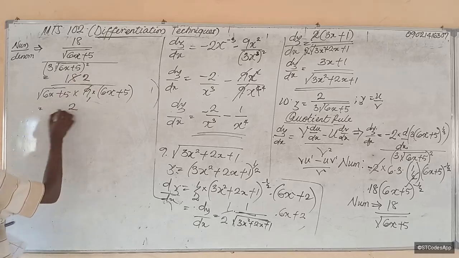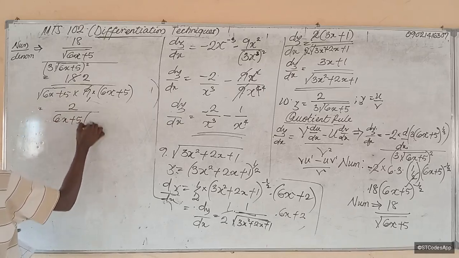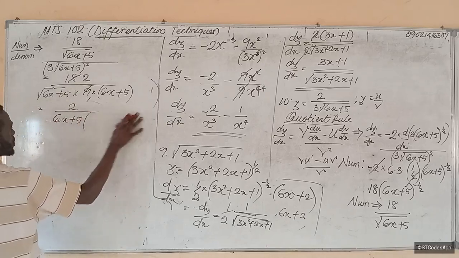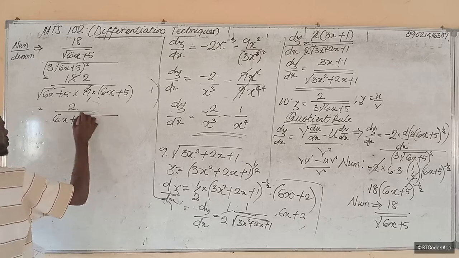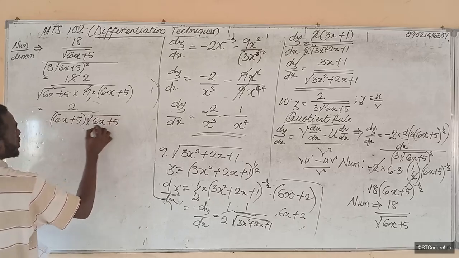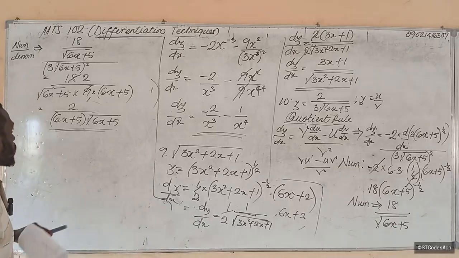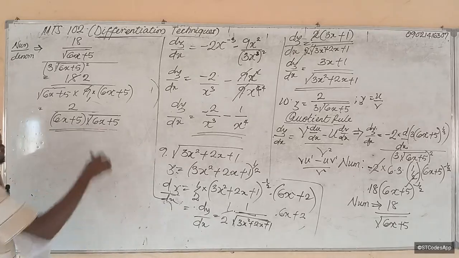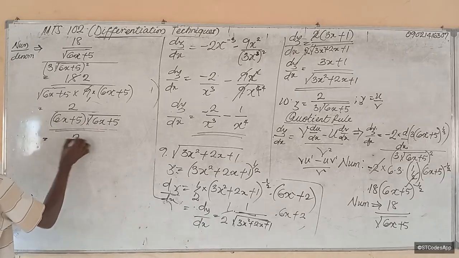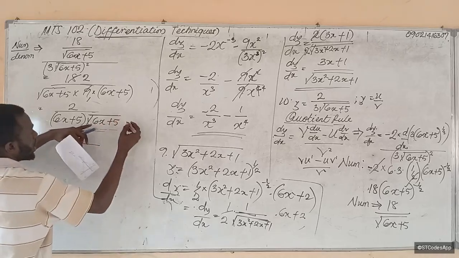So you have 2 over 6x plus 5 into bracket root 6x plus 5. And that will be your answer. Or, since they are the same, you might express them so that this one will be raised to power half, right?